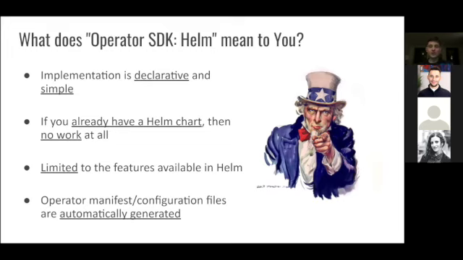We generate an operator from Helm because we just want to maintain the Helm chart. We don't want to maintain 2 things, so we generate an operator. Your operator functionality is limited to the features available in Helm, and all these manifest configuration files, role bindings, everything is automatically generated. So it's good for you. You only need to maintain your Helm chart.